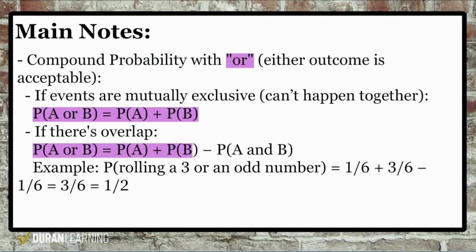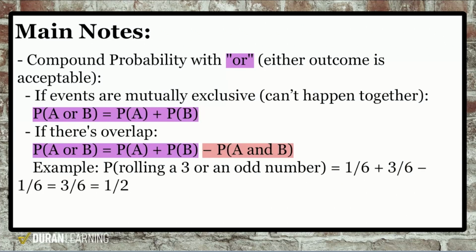You're still going to add their individual probabilities together. But if there is overlap, you subtract the probability of both of them happening together. Again, you subtract the probability of both events being true because you're taking away that extra overlap.